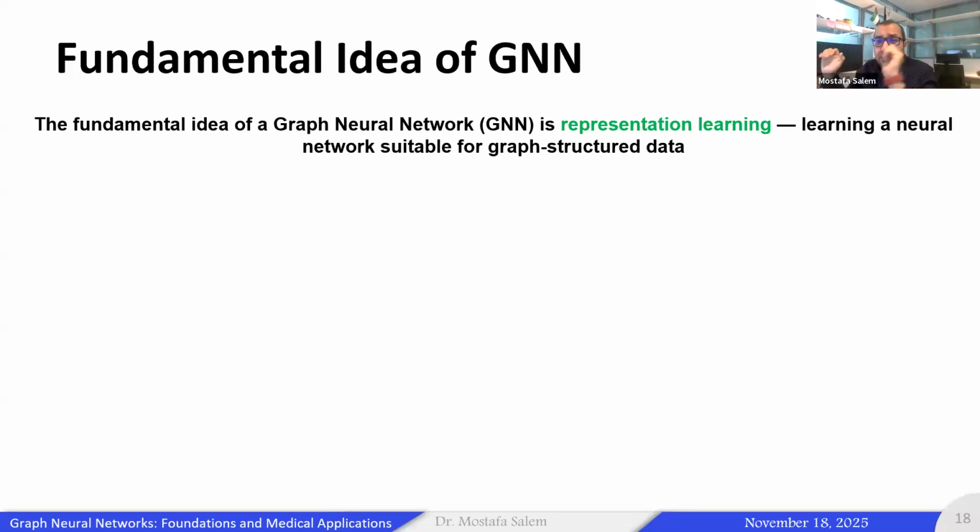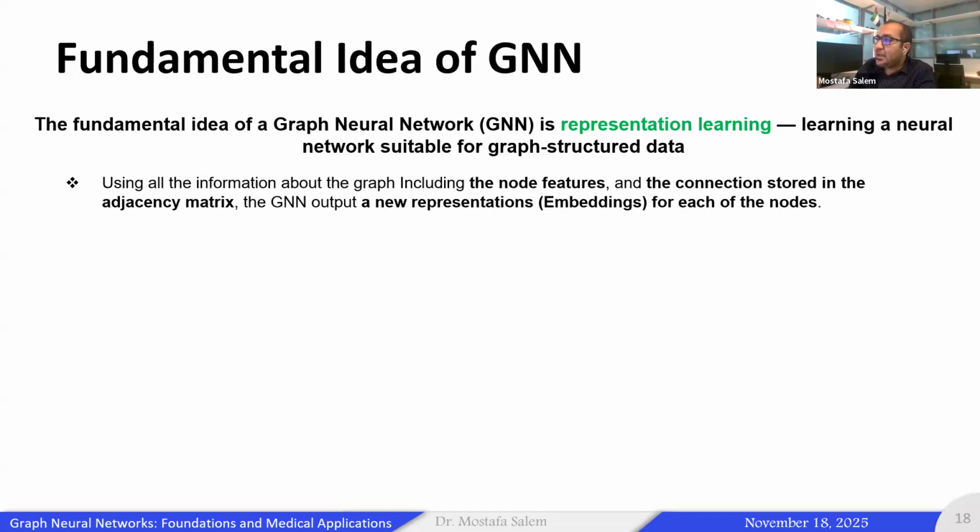This is raw data, and you want to learn what's called a representation from this data, so you can apply a classifier or regression on the representation of this data to do classification or regression on the patient data, to see if this patient will have a disease or not, etc. So using all the information about the graph, including the node features and the connections stored in the adjacency matrices, the GNN outputs a new representation, what we call embeddings, for each of the nodes in the entire graph.